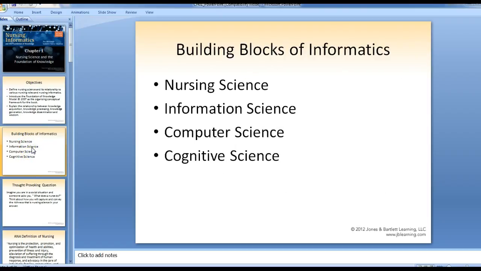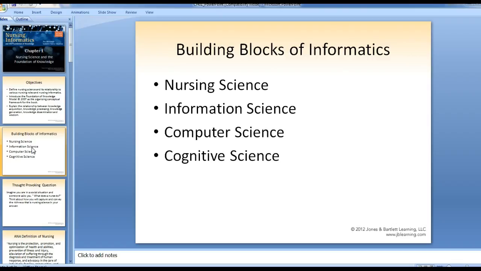The building blocks of informatics include nursing science, information science, computer science, and cognitive science. When we talk about nursing science, it's what I was talking about before, which is our building blocks as nurses: looking at the environmental milieu, nursing theory, and where we came from.